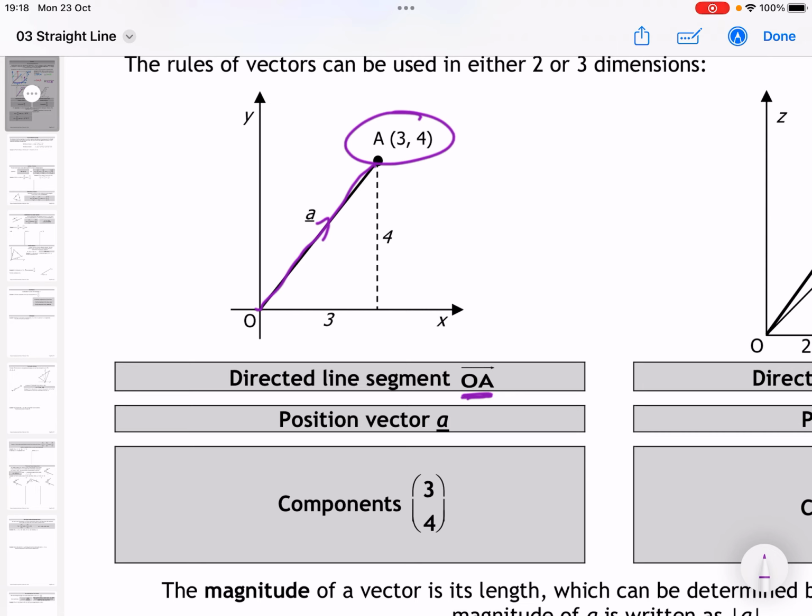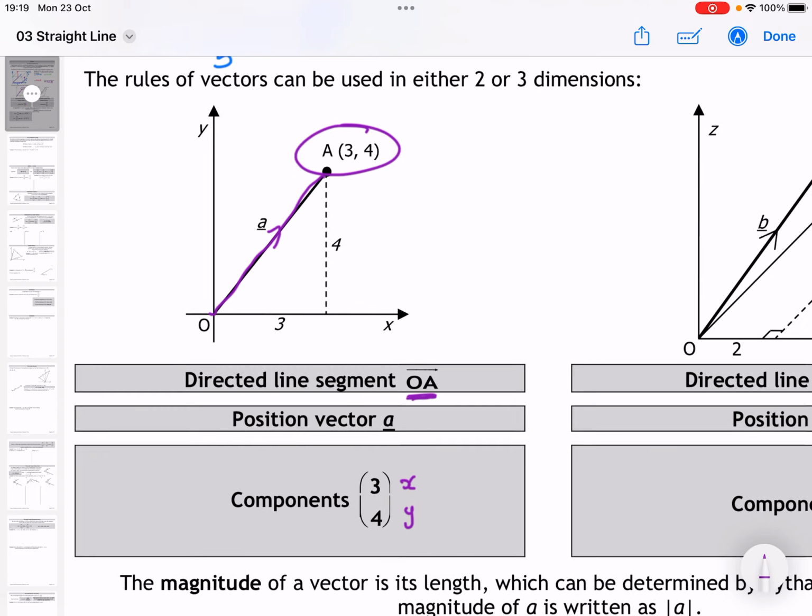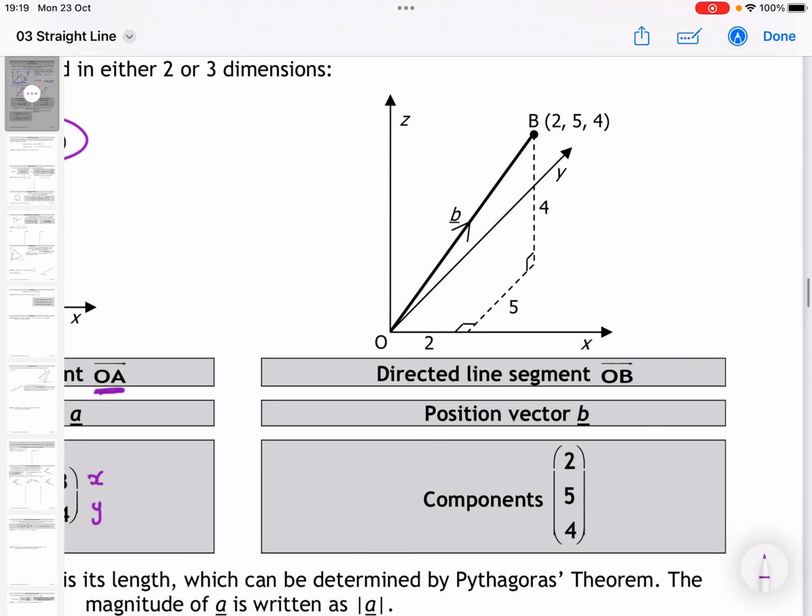It can also be called position vector A bar, or an italic or bold A if you see it printed. The coordinate is 4, 3, so we go along 4, up 3. But this time to write our components, we do X and Y, but we do them vertically, not horizontally. Okay? And it's the same when we've got a 3D one.